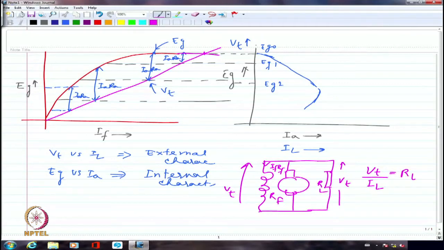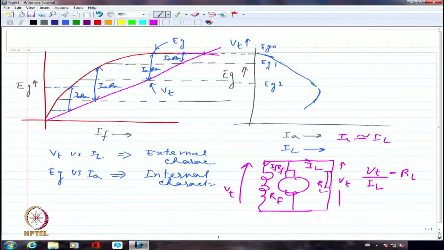IL is approximately equal to IA, we can still assume, because IF is a very small fraction of the overall current supplied by the armature, since RF is quite large. So I can assume IA is approximately equal to IL, but I definitely can't assume EG equal to VT. That is the reason I wanted to make this small correction.